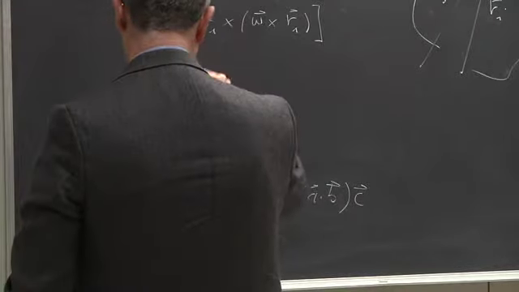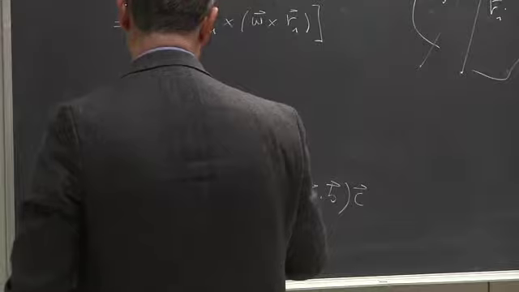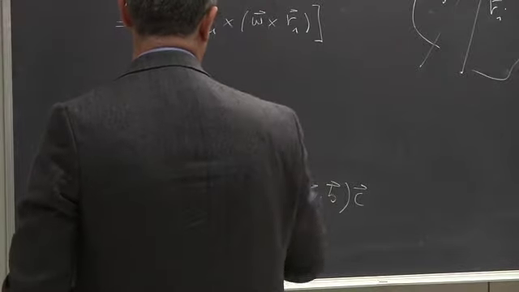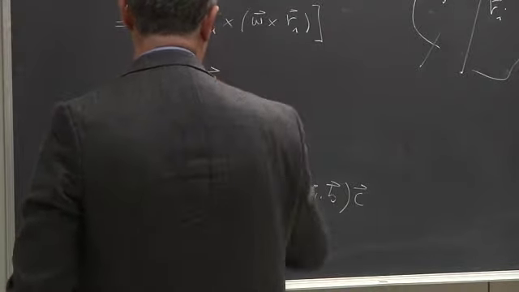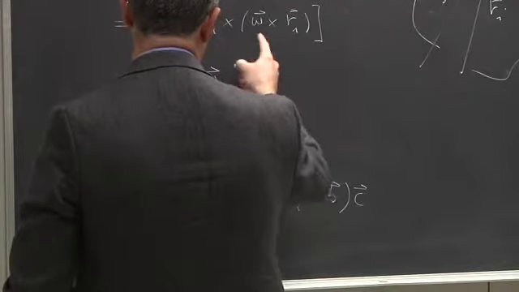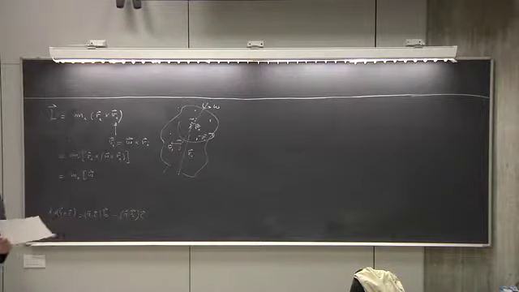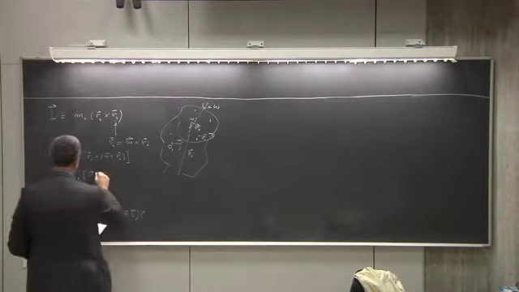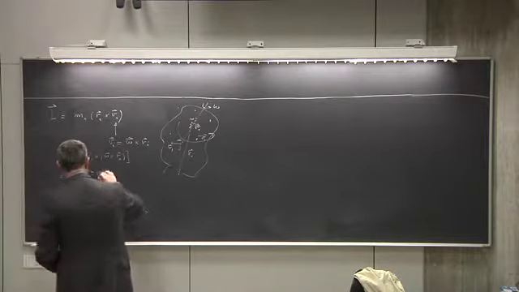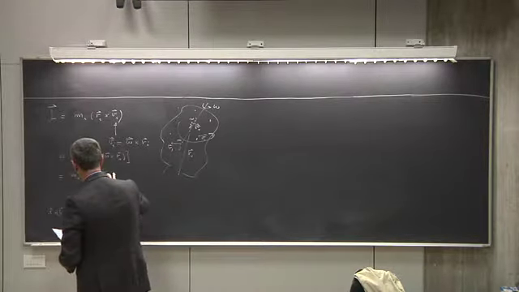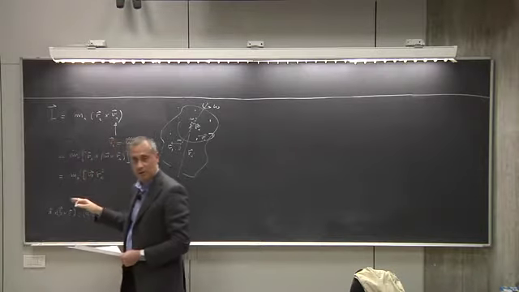Well, the mass stays the same, but then you see B here is omega, so I pull out omega, that is B, and then I take the scalar product of these two, but this is the scalar product of the same vector, so it's just a square. So it's r_i squared, okay? This is now a scalar quantity, okay?